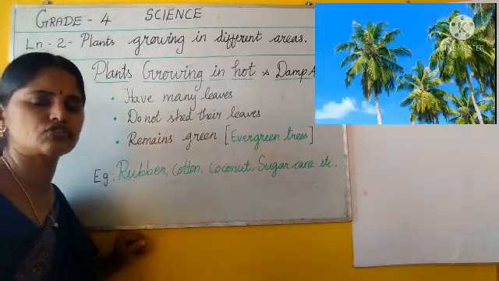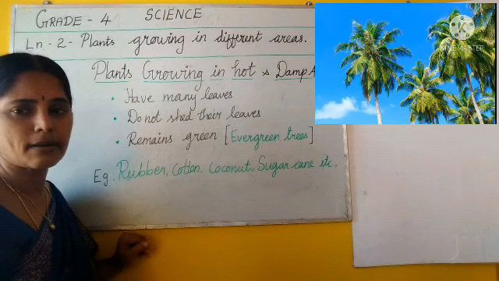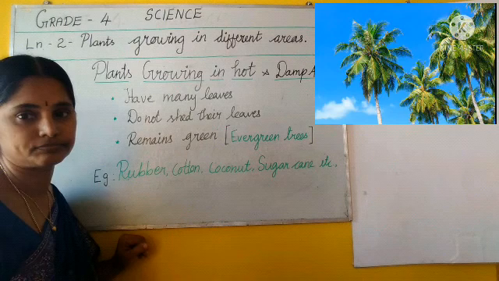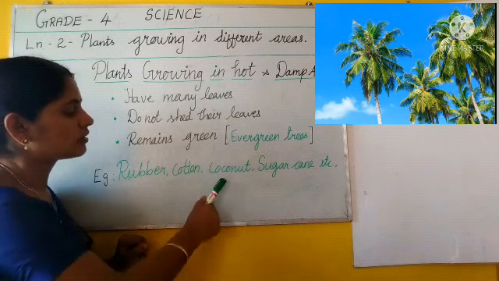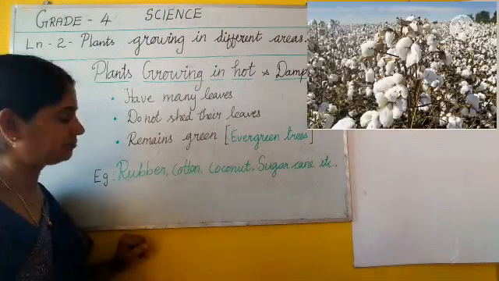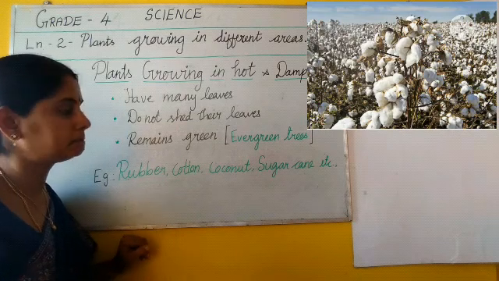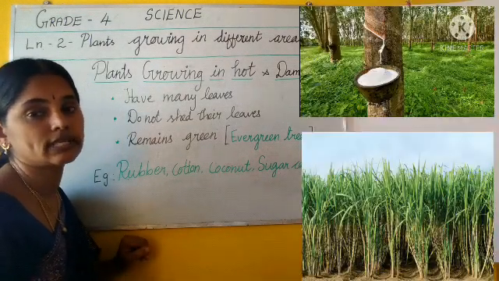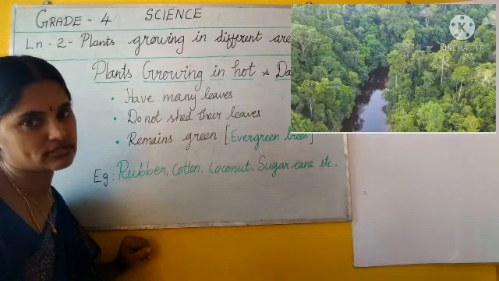Okay, what examples can we see? Coconut, cotton, rubber, sugar cane. So these are the trees we can call evergreen trees.